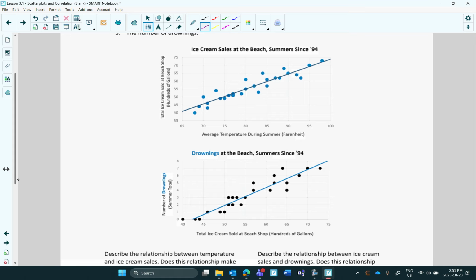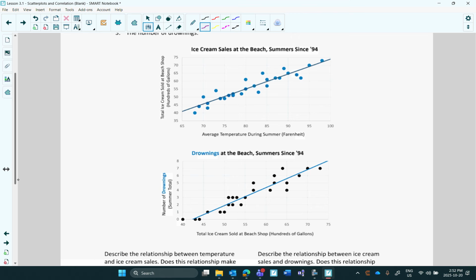Which one makes more sense? The top one, right? Okay. Why does this one not make as much sense? This sort of goes into another area of statistics. What else could explain it? If there's more ice cream, there's more people. So there you go.